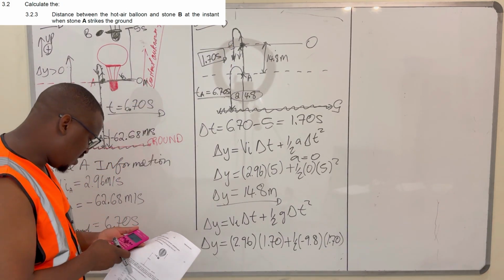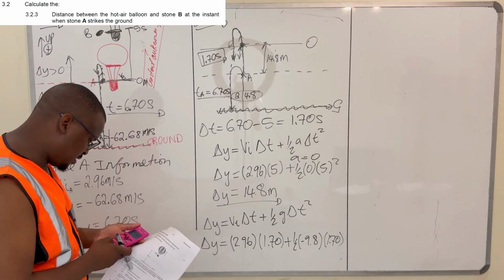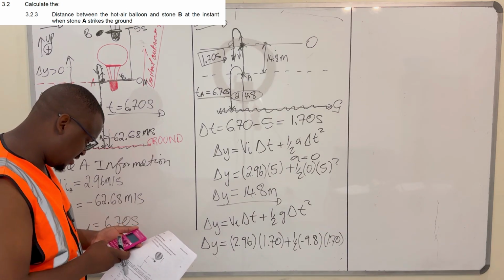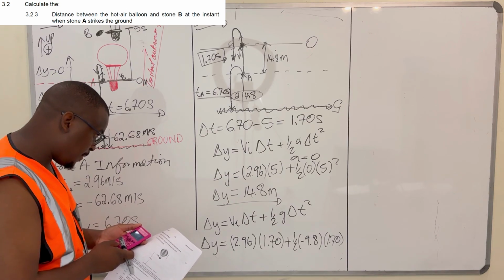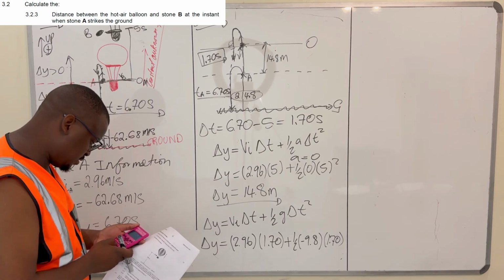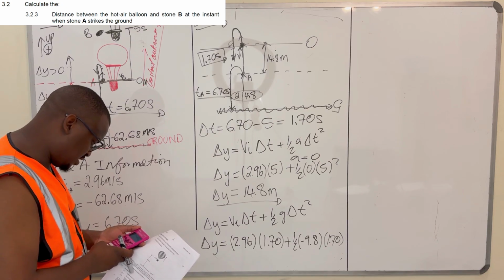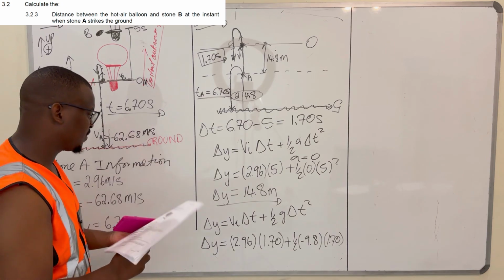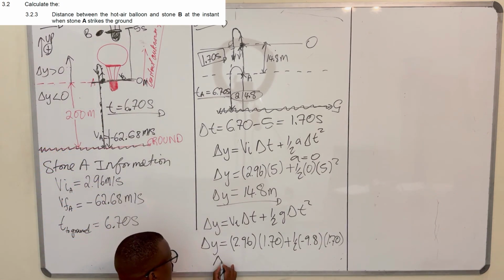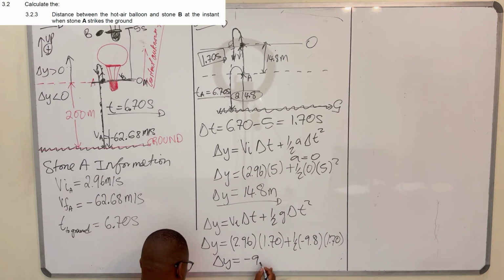If it comes out negative, it means it is below the starting position. So you punch that in: 2.96 times 1.70 plus 0.5 times negative 9.8 times 1.70 all squared. So the displacement of ball B is negative 9.13 meters.